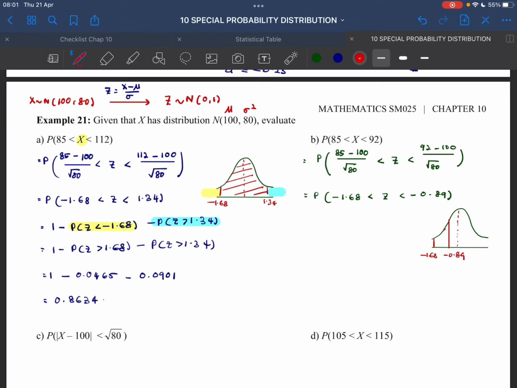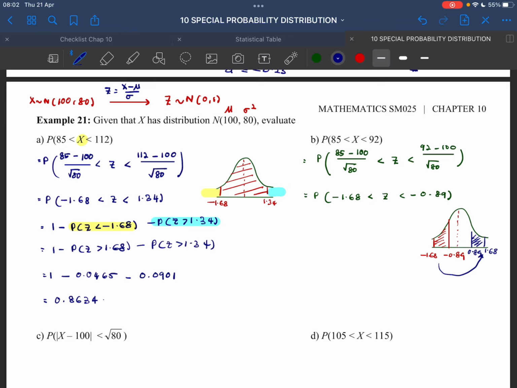This is the area that we want. What we can do is shift to the right-hand side, because we have to make it Z greater. So basically we have 0.89 and 1.68, and this is the area that we want to find.